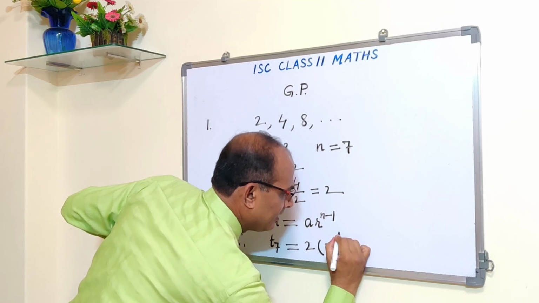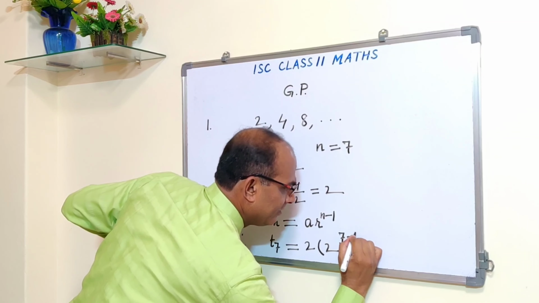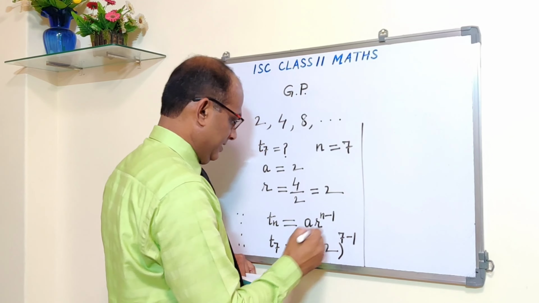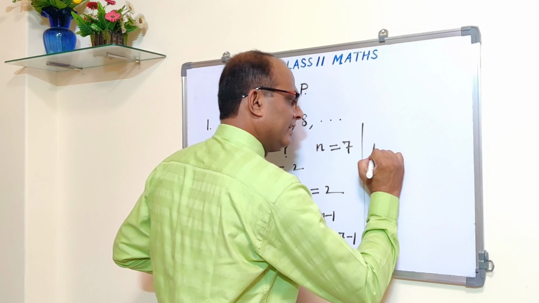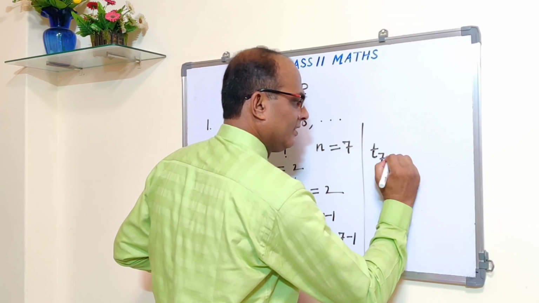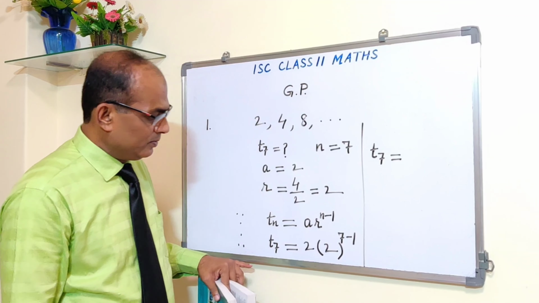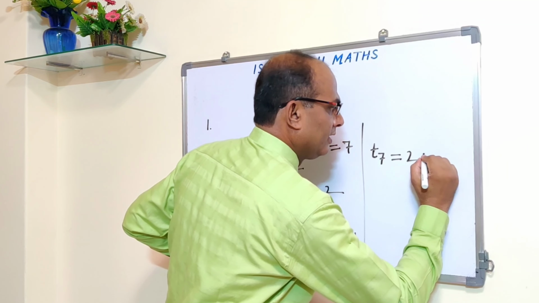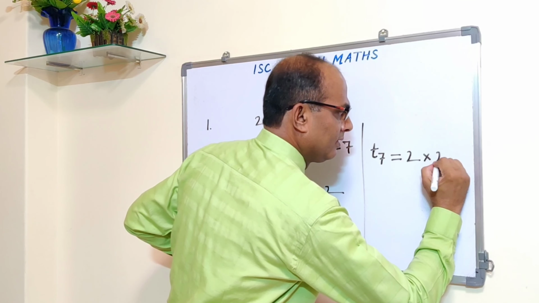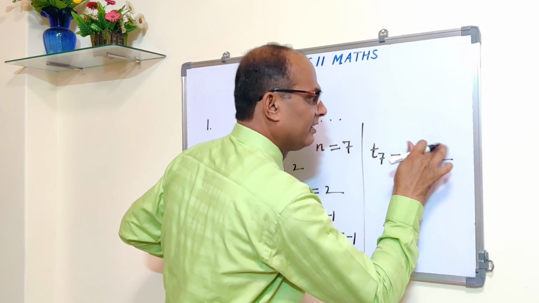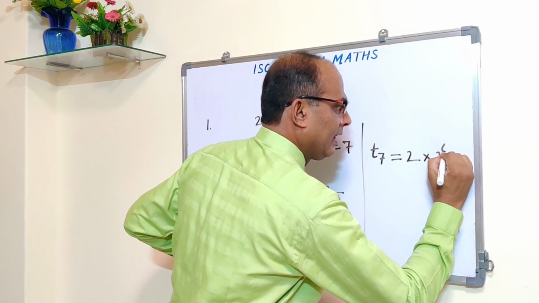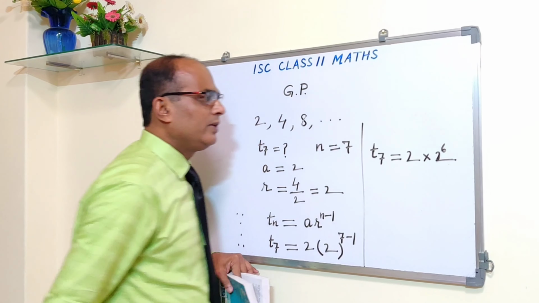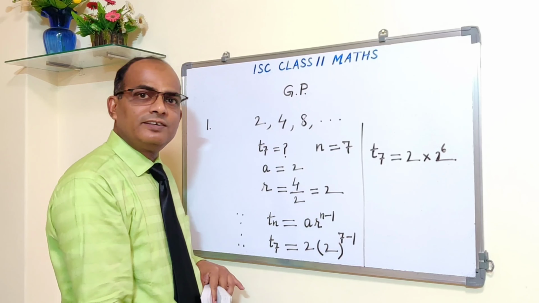So 7 minus 1. T7 is equal to 2 into 2 raised to the power 6. Is that fine? 7 minus 1 is 6.